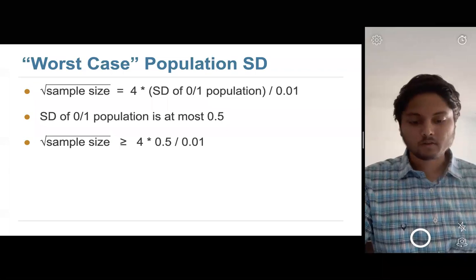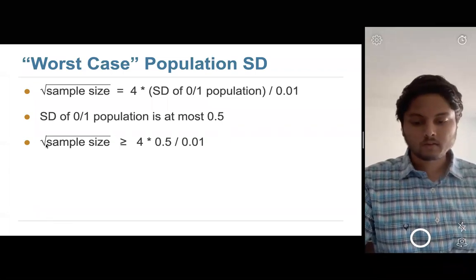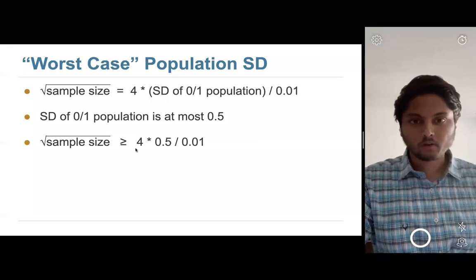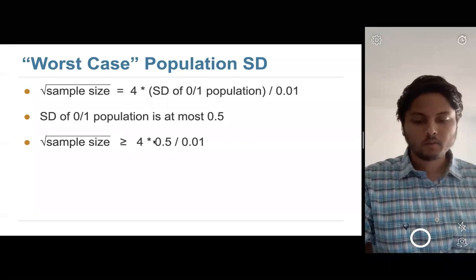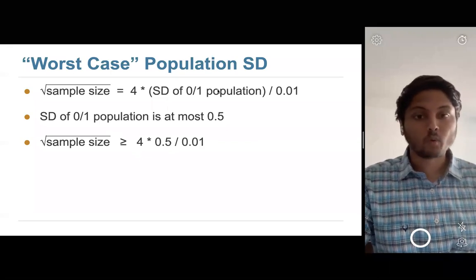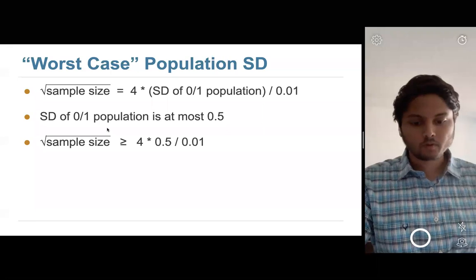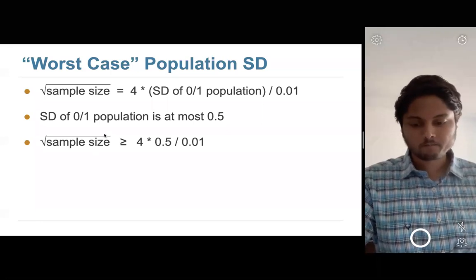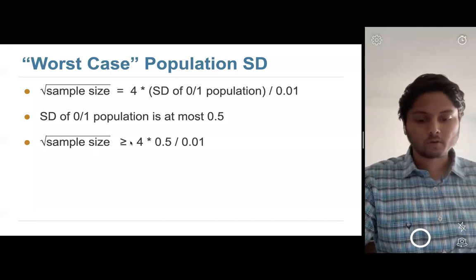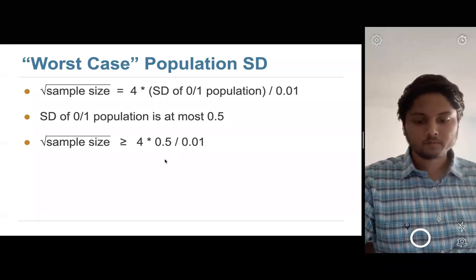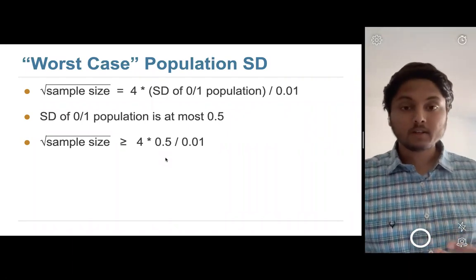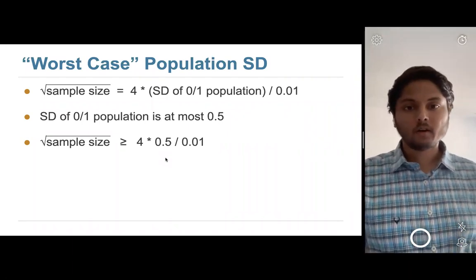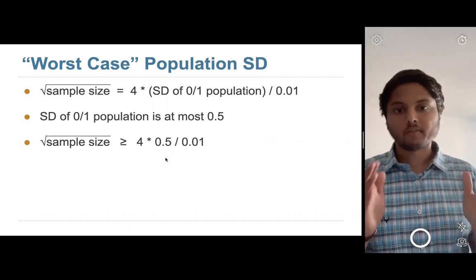So if we take that into account, we can say that the square root of the sample size is always going to be greater than or equal to 4 times 0.5 divided by 0.01, because this value here is never more than 0.5. Basically, if we can guarantee that the sample size is greater than that, then we can make sure that we'll always have that 1% interval length.